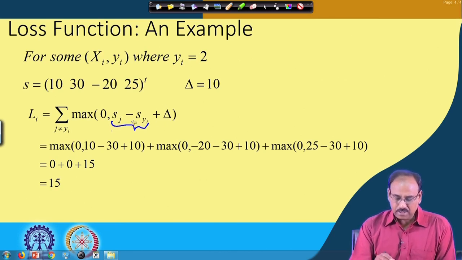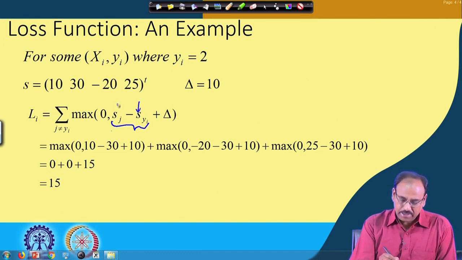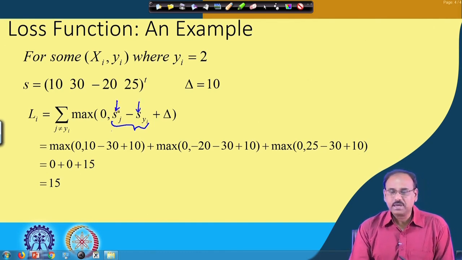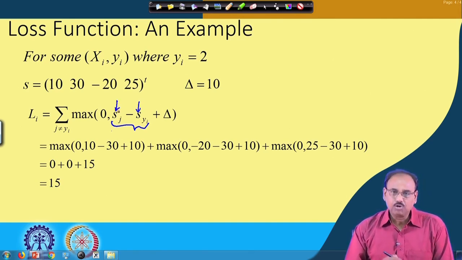If it is s_yi minus s_j, this is greater than delta, then output will be equal to 0 because my classification is correct, otherwise the output will be high.